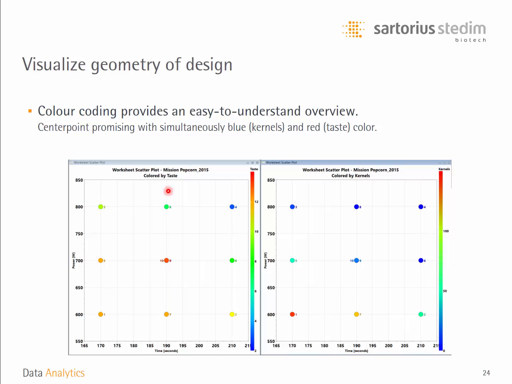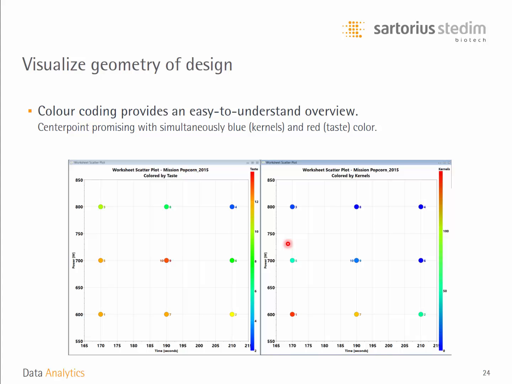The leftmost plot is for the taste response, and we are using a color coding running from blue to red. A blue color would be a low numerical value, up to a red value, which would be a very high numerical value, in this case for the taste.